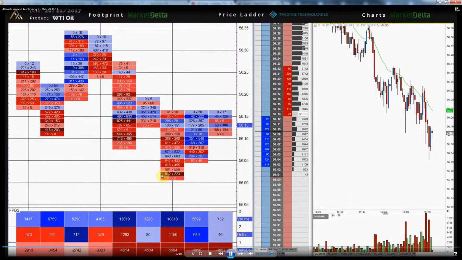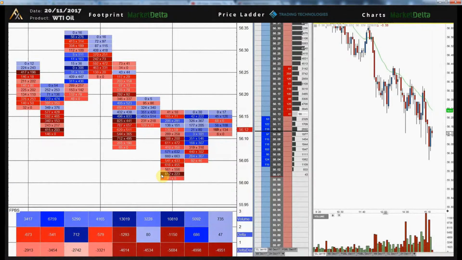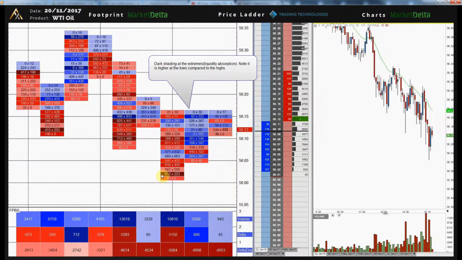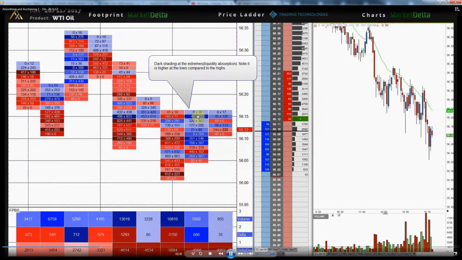Sellers come down to that price point and they're selling, but they're being met by a buyer that's absorbing all of the potential liquidity being sold. At the low, we have a buyer taking all the liquidity. The market then bounces and we go to the extreme side, where we see the same thing, darker shading. This time, on the top side, it's the seller that's taking all of the liquidity.